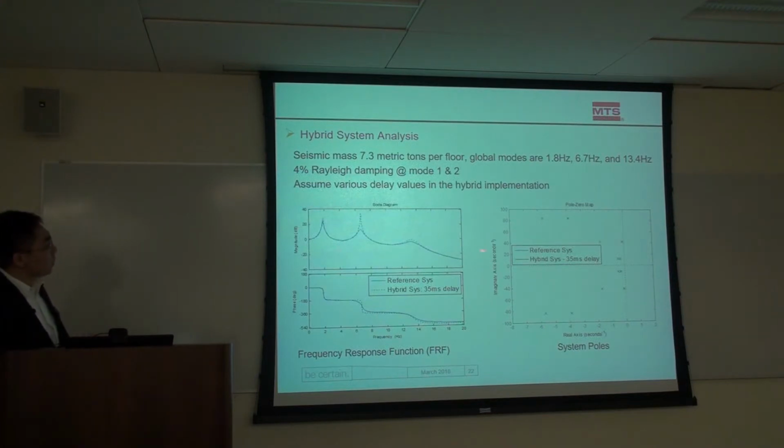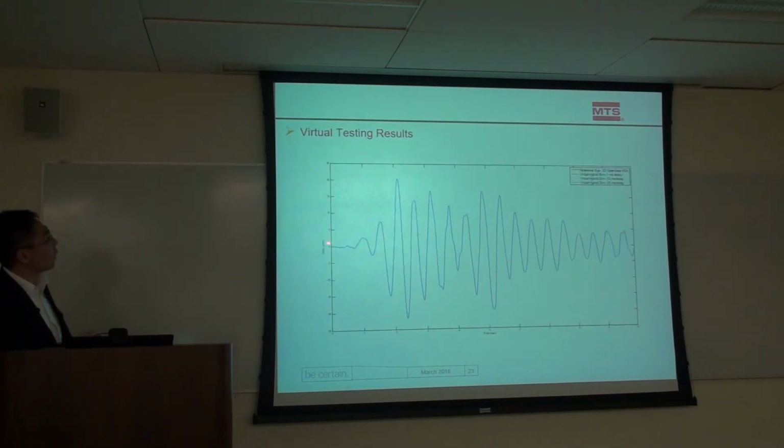Even goes up to 35 milliseconds now, and we can see that the second mode starts to become marginally unstable here. Interestingly, the third mode, even though it's a higher mode, is actually more stable than the second mode in this particular configuration.